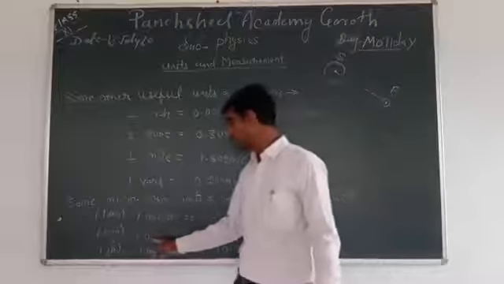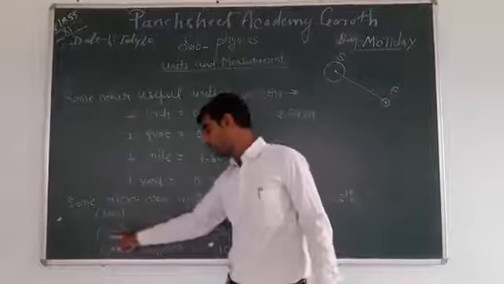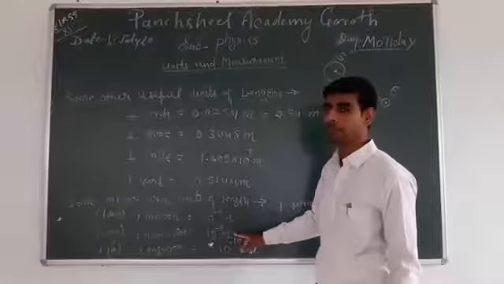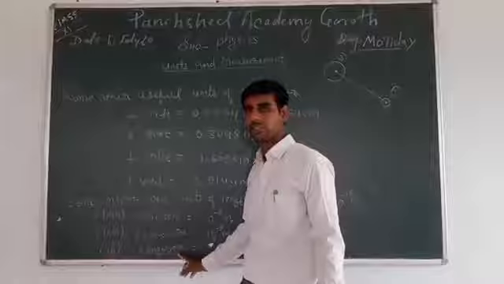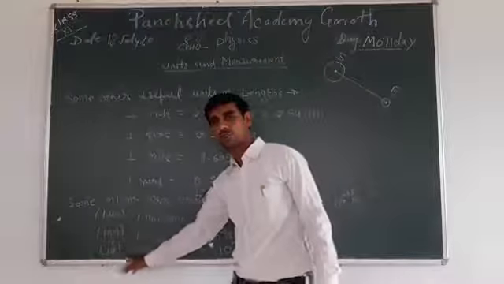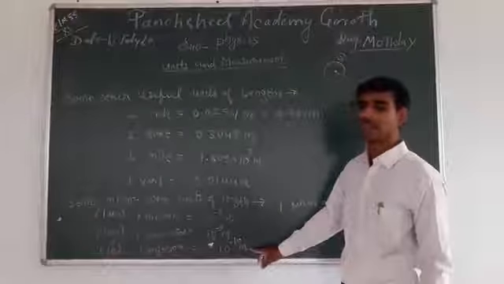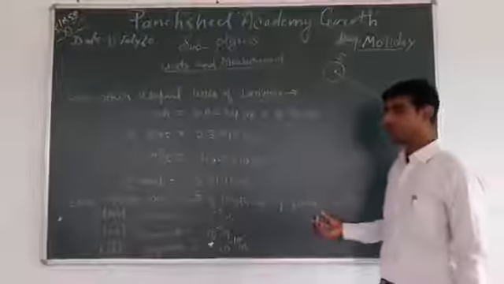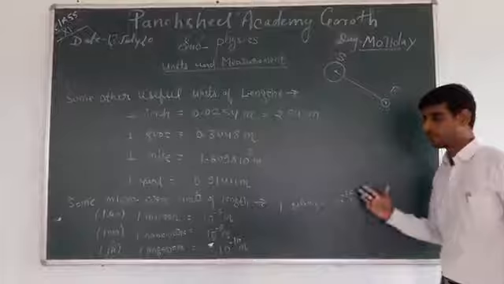Second, 1 nanometer, 1 nm, equal to 10 to the power minus 9 meter. 1 angstrom, the symbol for this, 1 angstrom equal to 10 to the power minus 10 meter. And 1 Fermi equal to 10 to the power minus 15 meter.